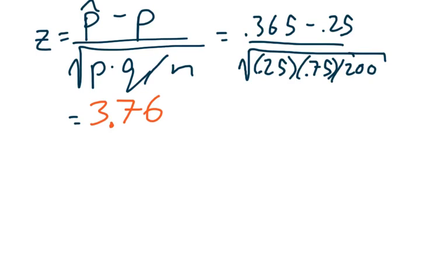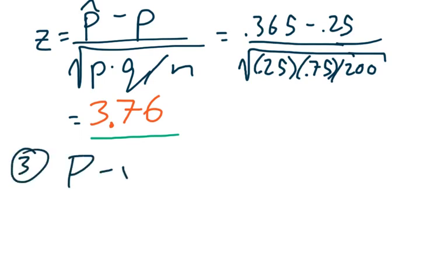This time it's 0.365 minus 0.25, all divided by, look, the denominator is the exact same. And here we got 3.76. Okay, so moving on to step 3, where we compute the p-value.